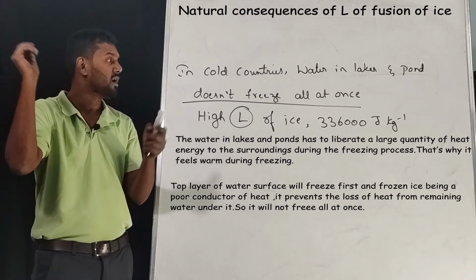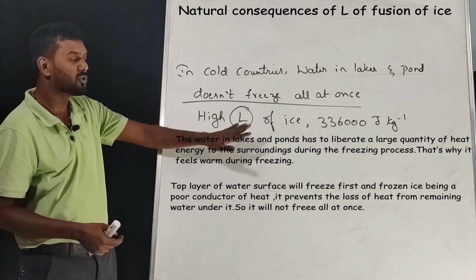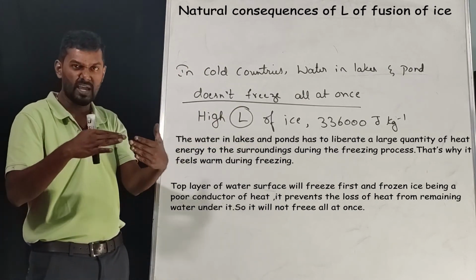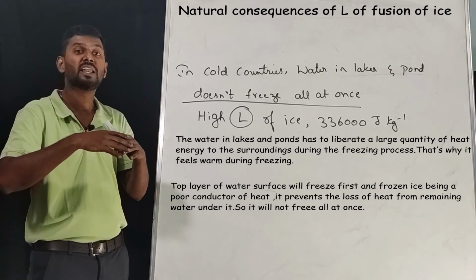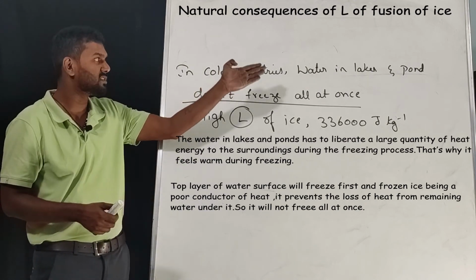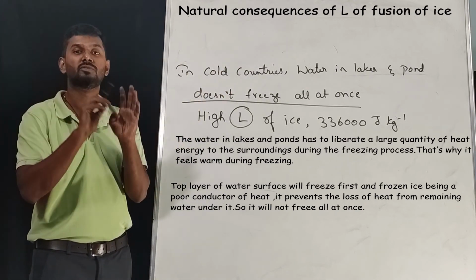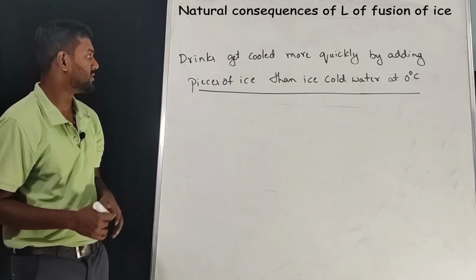That's why in a snow area you will feel very cold. That is the exact opposite to this point. Whenever lakes or ponds are freezing, the heat energy is released from the water. That's why during the freezing of lakes and water, the temperature of the surrounding will be warm. Now we'll talk about our next consequence.